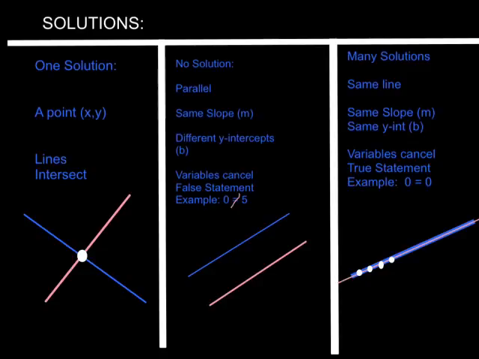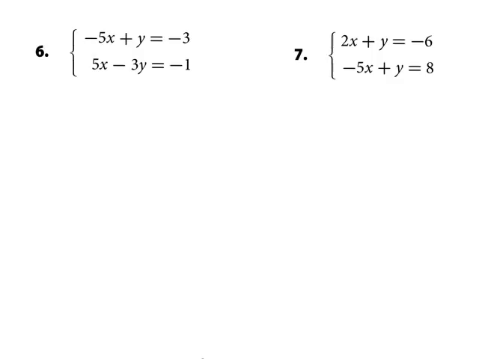Let's go back and review our first problem. So in this problem, we can see here that these two variables would cancel out.